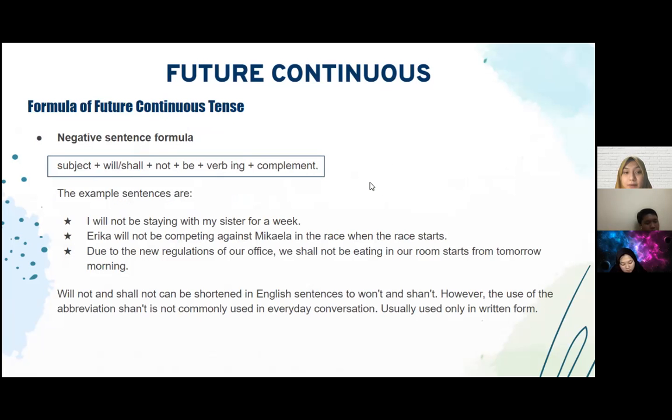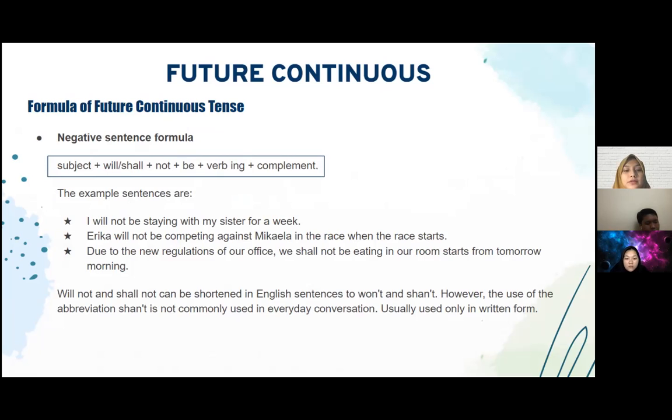The second one is the negative sentence formula. Subject plus will or shall plus not plus be plus verb ing plus complement. The example sentences are, I will not be staying with my sister for a week. Erica will not be competing against Michaela in the race when the race starts.